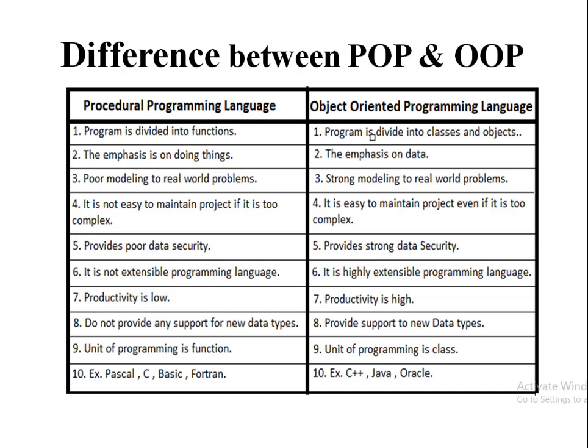And in procedure oriented programming, the emphasis is on doing things, but in object oriented programming the emphasis is on data. Procedure oriented programming has poor modeling of real world problems, but object oriented programming has strong modeling of real world problems.